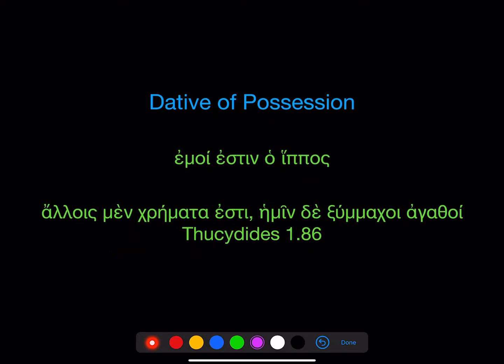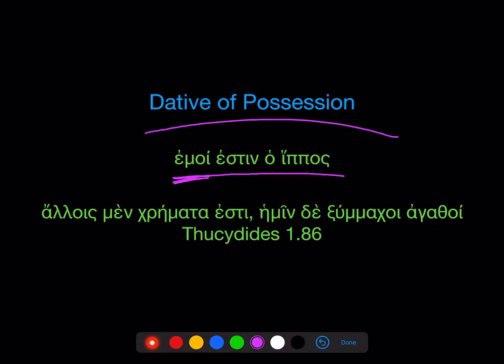So one more thing, let's throw in the dative of possession. So here's an example. Emoi, that's the dative, that's the emphatic form. Emoi estin ho hippos. Literally, the horse is to me, right? But it's a dative of possession, so the horse is mine. What's the difference between a dative of possession and a genitive of possession?